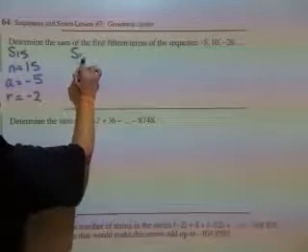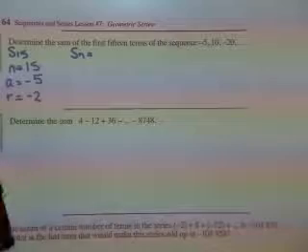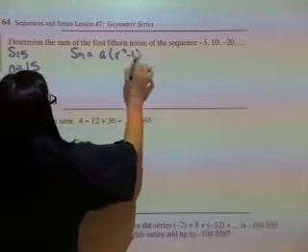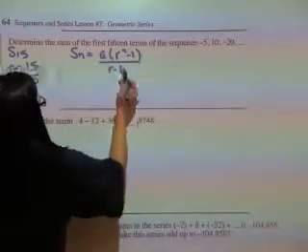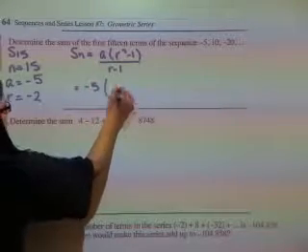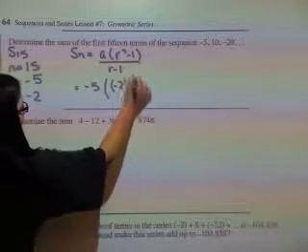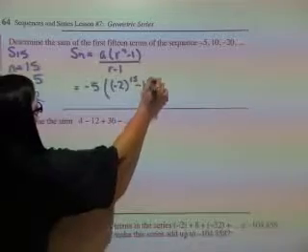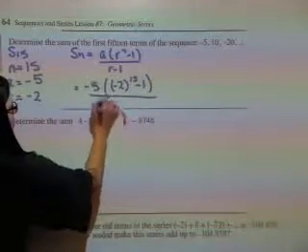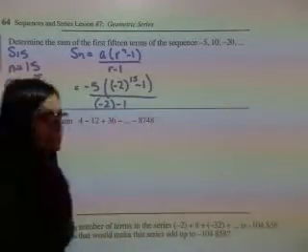So S of n equals my formula, A times R to the power of n minus 1, divided by R minus 1. So it'd be -5 times -2 to the power of 15 minus 1, divided by -2 minus 1.